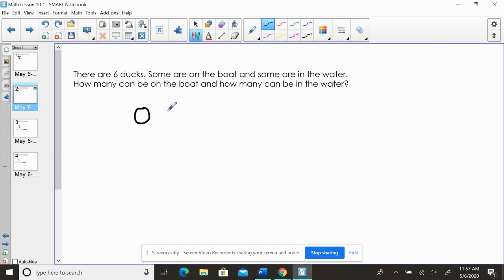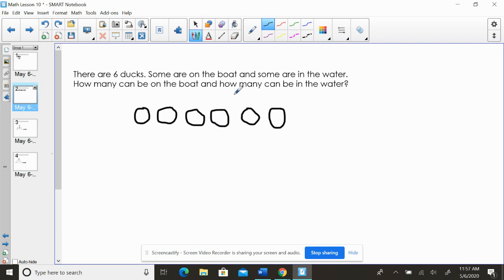1, 2, 3, 4, 5, 6. Now remember, you can draw your line wherever you want as long as you're splitting it into 2 groups.